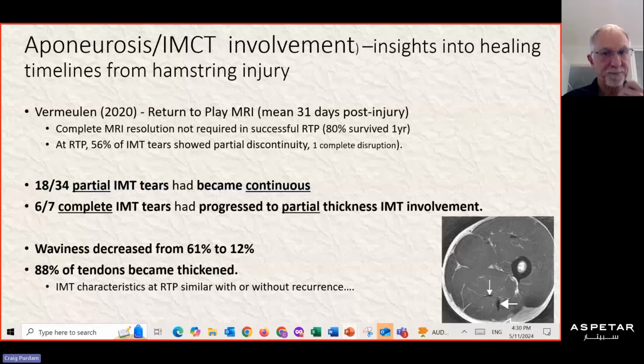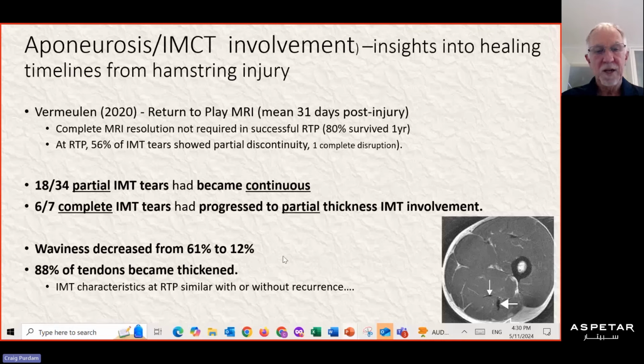At baseline, of 34 partial tears that at their MRI had passed all the metrics to return to play, at a mean of 31 days, 18 of 34 partial intramuscular tears had become continuous. Of the complete tears at baseline, 6 of 7 had partial regrowth. So we've got sort of immature scar here as well.